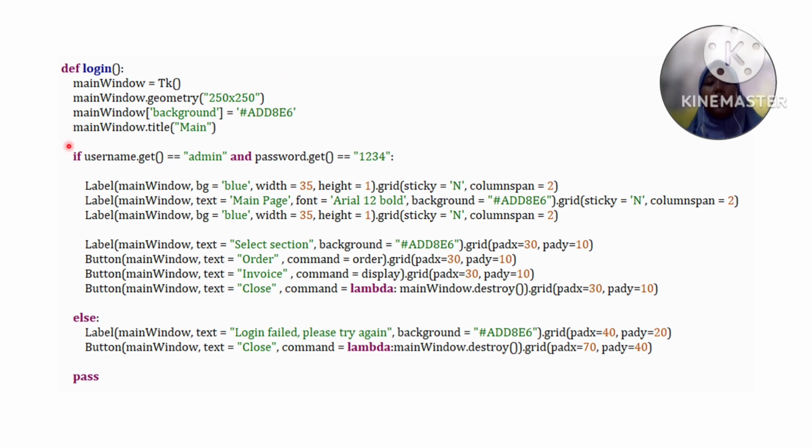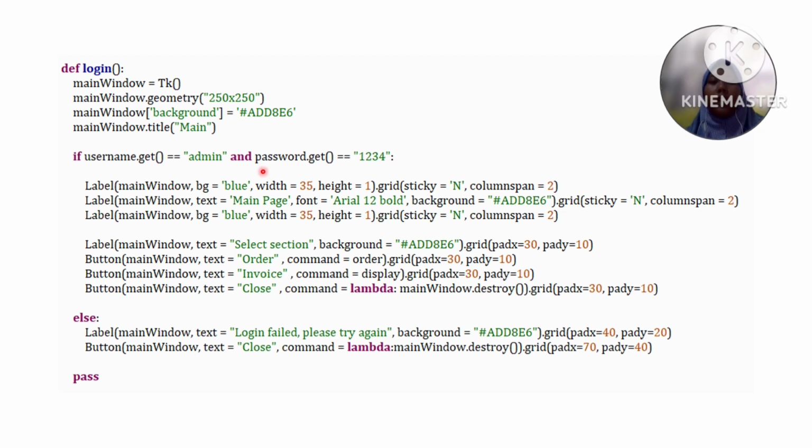And then we use a selection, using username.get method to check whether the username that the user input into the entry is admin, the same as we said here, and the password is also the same as we said here, which is 1234.